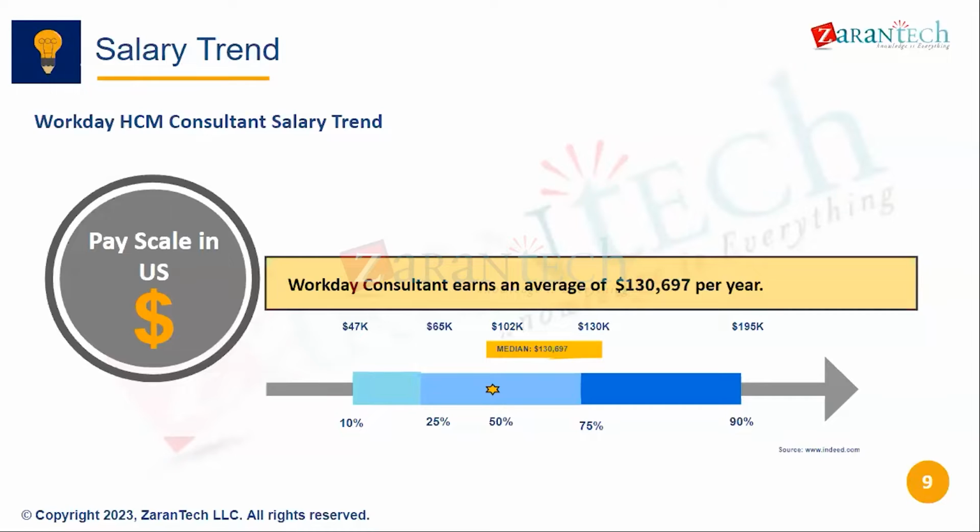People are working on contract as well as salaried with bigger clients, and they're getting benefits. Right now it's a booming industry. Previously when PeopleSoft was there, PeopleSoft was booming. SAP HR was also booming. Right now, Workday is booming in the United States and all across the world.